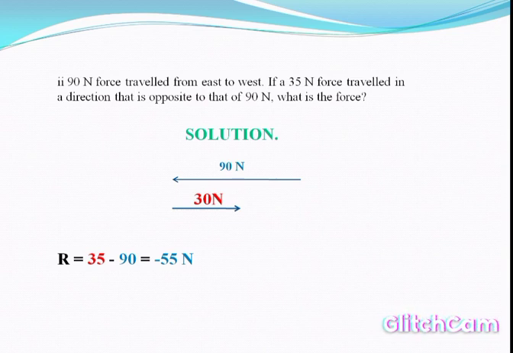So 35 minus 90 is going to give us minus 55. This simply means that the resultant vector is in the direction of the 90 Newton force.